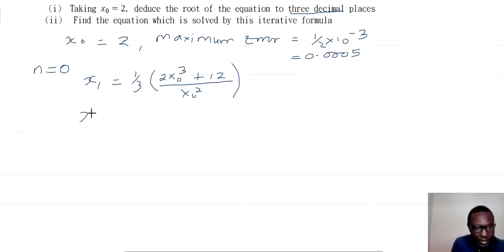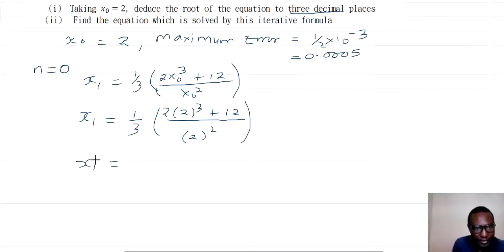So we have x1 being equal to a third into bracket 2 times x0 power 3, but x0 is 2, so 2 power 3 plus 12 divided by 2 power 2. So let's compute, and when you compute x1 will be 2.3333.